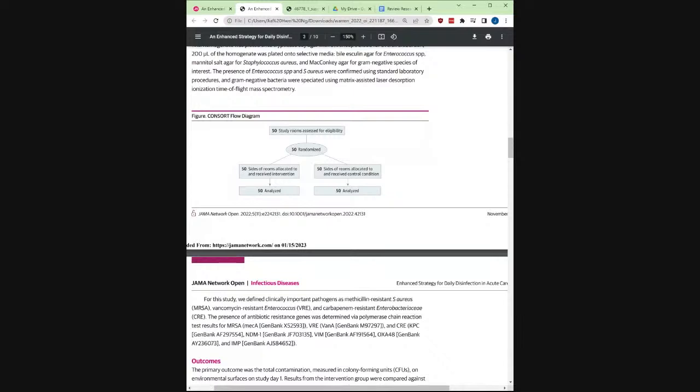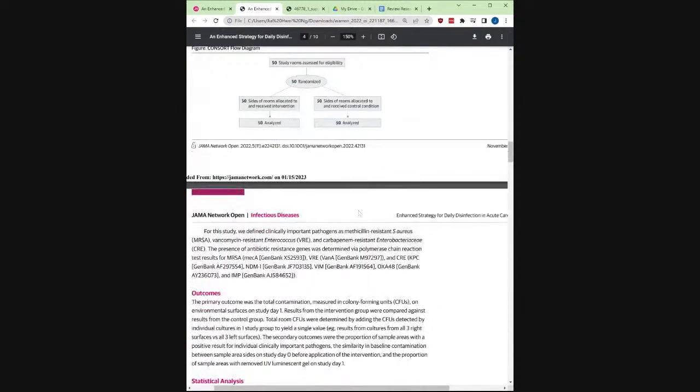So for the true sample calculation, we need to know what is needed, how many colony forming units. That is how we calculate our sample size, not by the number of study rooms, not by the number of patients, not by the number of sites. Okay, so remember, when you think about sample size, it's not the patient, but the actual events and outcomes.